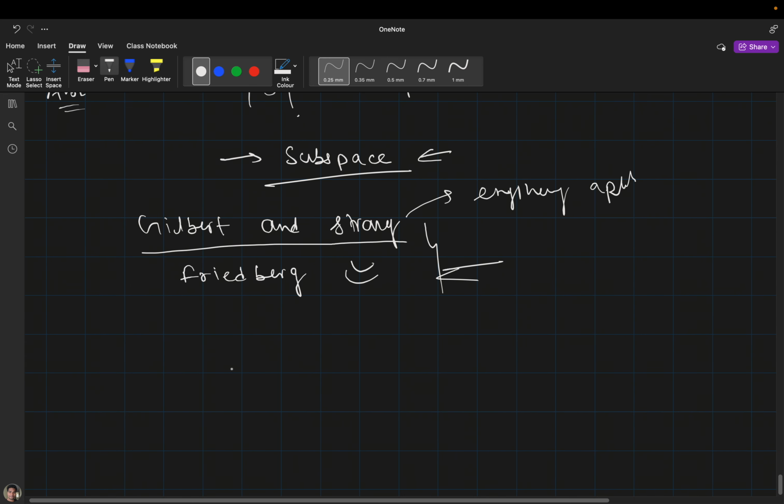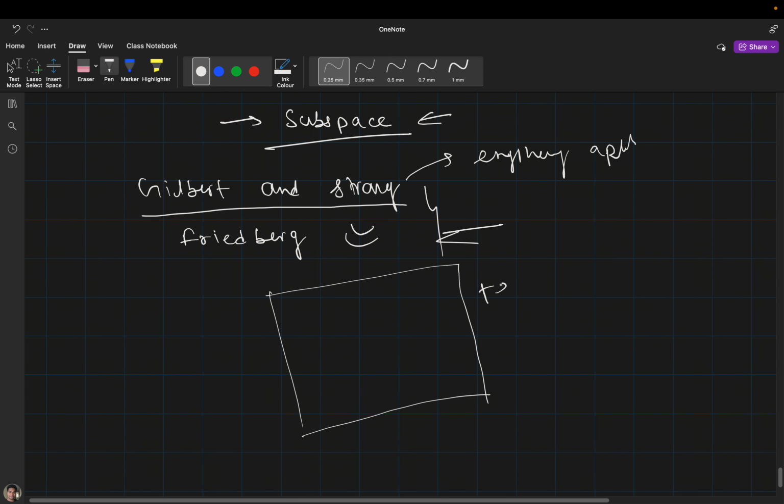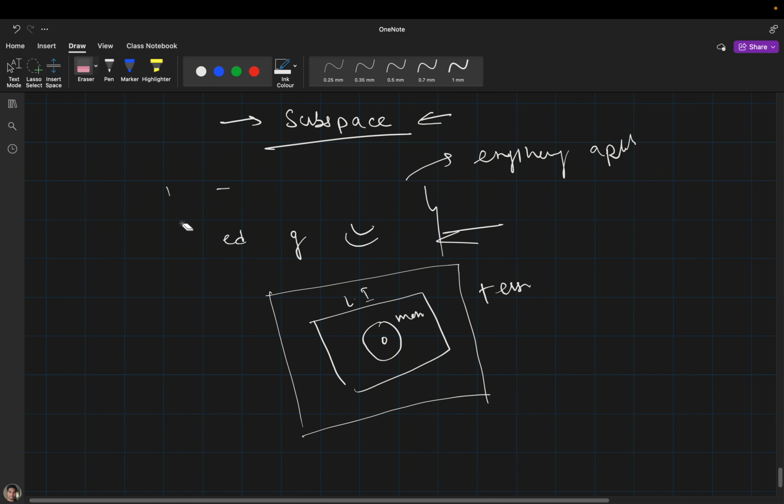Let's see, this is the tensor, inside it linear algebra, and inside it matrices, and inside it vectors, inside it scalars. So like that. I will talk about it later, so I will just remove it.